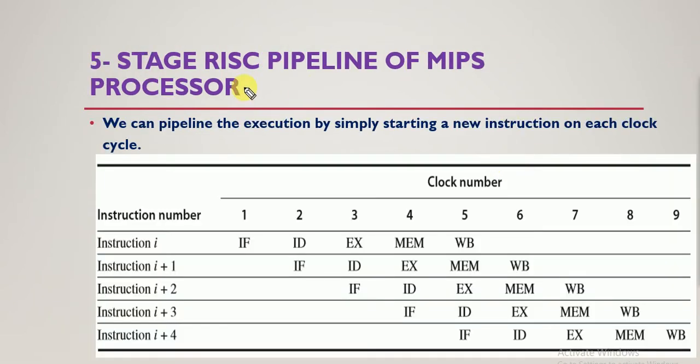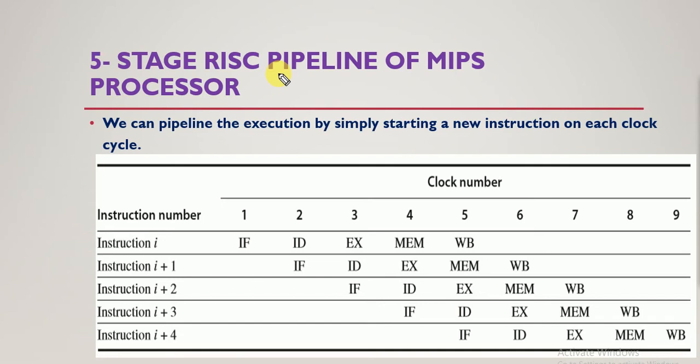So, the 5-stage RISC pipeline of the MIPS processor. Sometimes it will be asked as 5-tier RISC architecture, or sometimes as 5-layer RISC architecture.